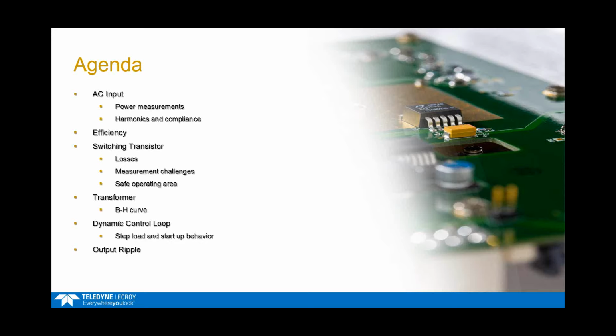Also talk a little bit about transformers, control loop behavior and how we can analyze different kinds of dynamic conditions there. And then finally the ripple on the output of the supply if this is an AC to DC power supply.